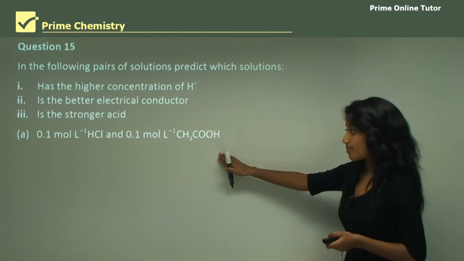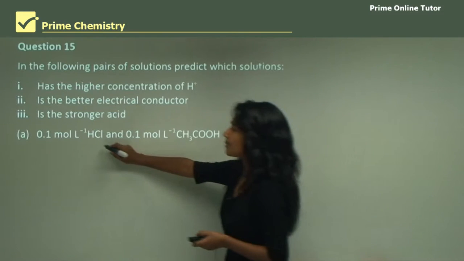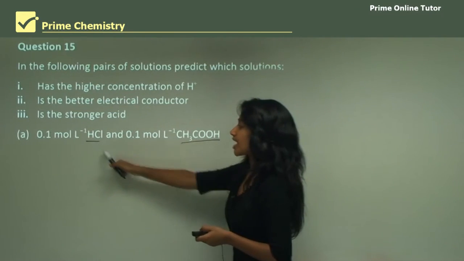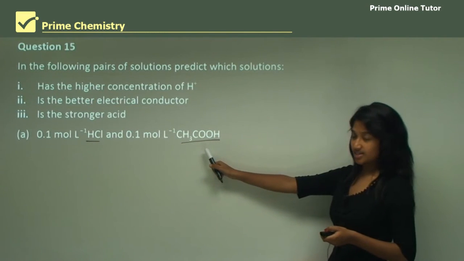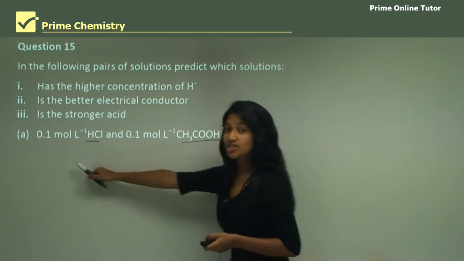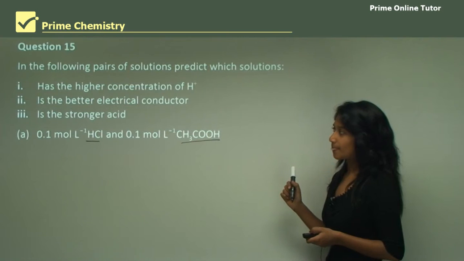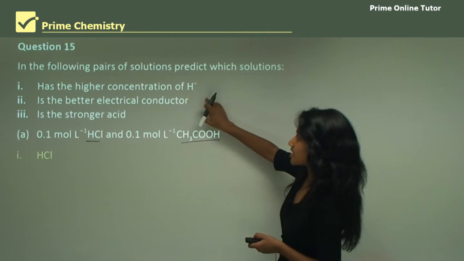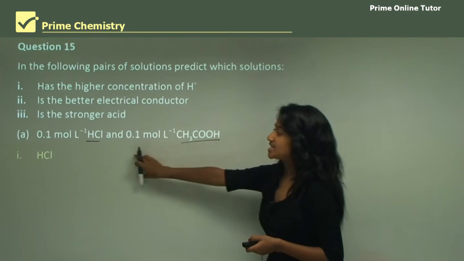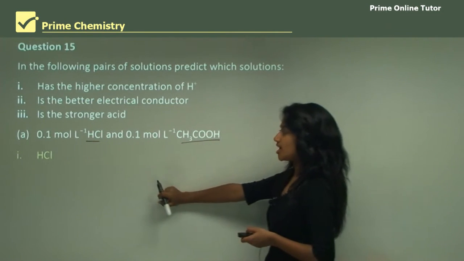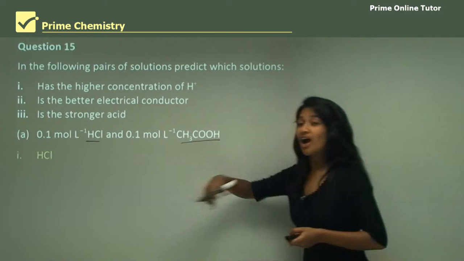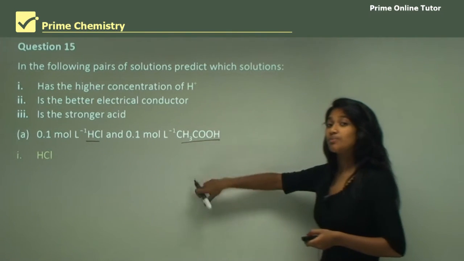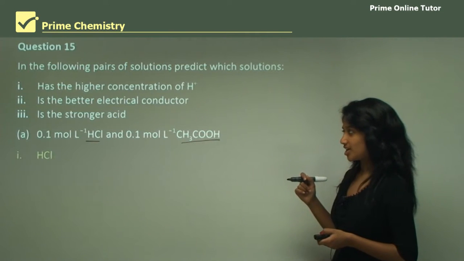Now there's a part A, which is the comparison of hydrochloric acid and acetic acid. They have the same concentration of 0.1 moles per liter. Now what's part 1? The one with a higher concentration of hydrogen ions is our strong acid, hydrochloric acid, because hydrochloric acid ionizes readily compared to our acetic acid, so there's going to be a higher concentration of hydrogen ions.